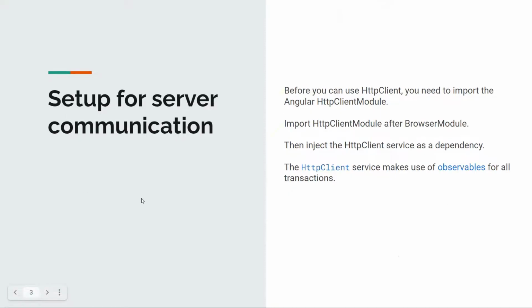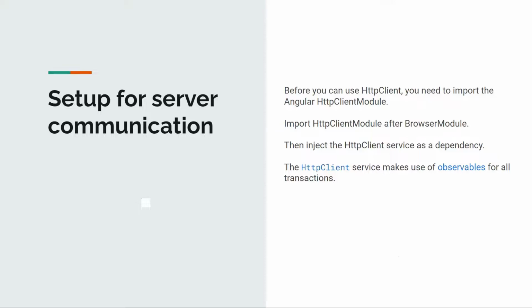Okay, set up server communication. Before we use HTTP client, we need to import the Angular HTTP client module into our Angular application. Most applications use this import statement in the Angular app module.